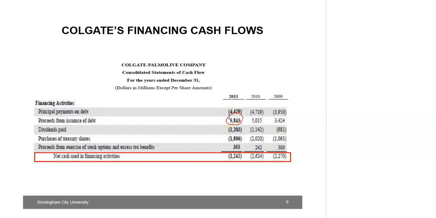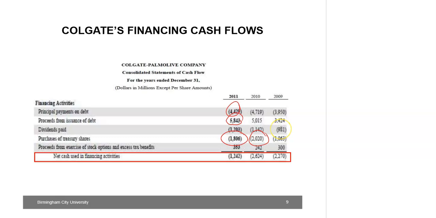At the same time, the company only retired old debt worth $4.42 billion. Then the company also had lower amounts spent on stock repurchases in 2011 compared to 2010, where it spent more than $2 billion on stock repurchases compared to $1.8 billion in 2011.